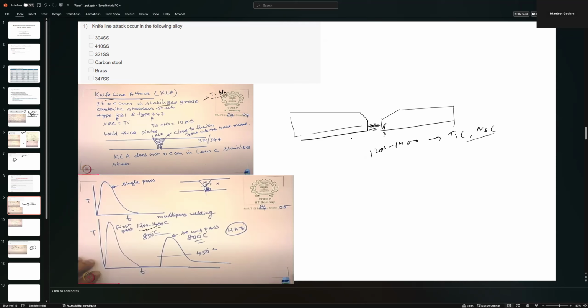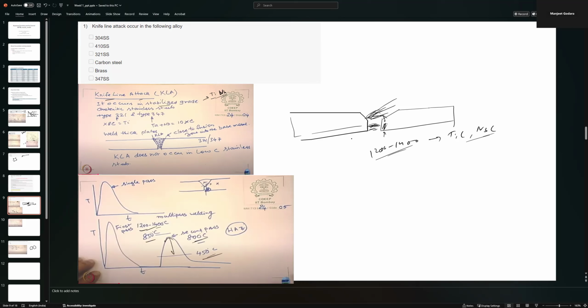During the next pass of the weld, this zone is further away from this area. It won't reach this high level temperature. In the second pass, it will cross this 800 to 450 degrees zone.